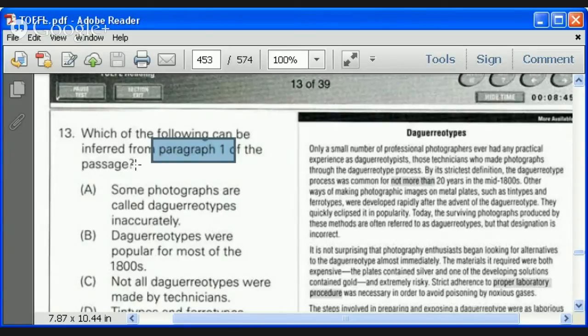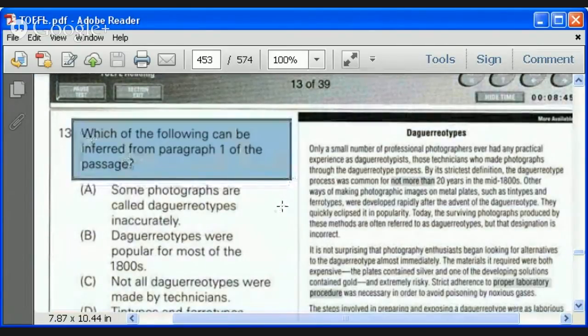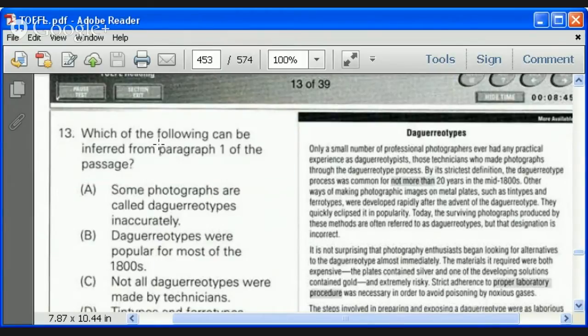Okay. Let's begin practicing. Which of the following can be inferred? Inference questions. These are tough, and these take a lot of practice. Which of the following can be inferred from paragraph 1 of the passage?